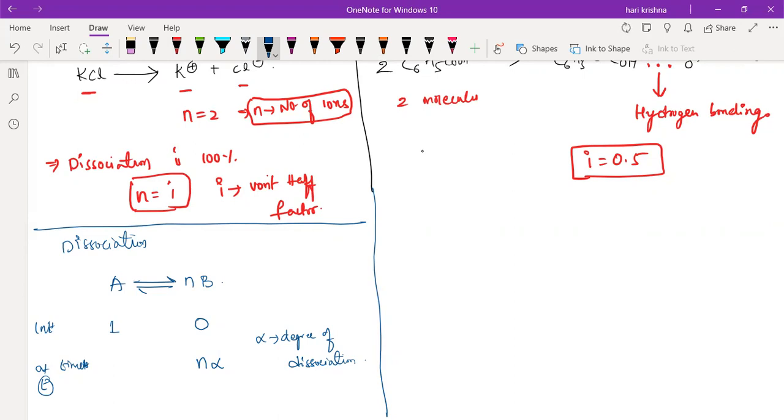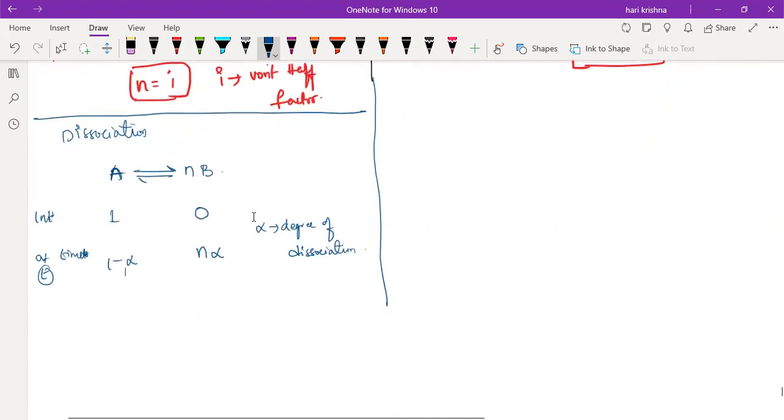Here, how much will the reactant decrease? See, product concentration is increasing, so reactant concentration has to decrease as the reaction goes forward. So it will decrease by 1 minus alpha. Is it clear? Then at time t, the total number of moles of solution is how much?